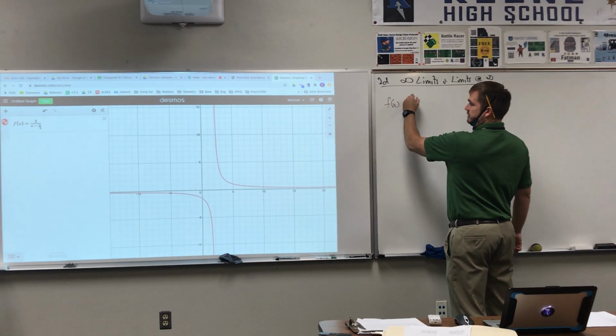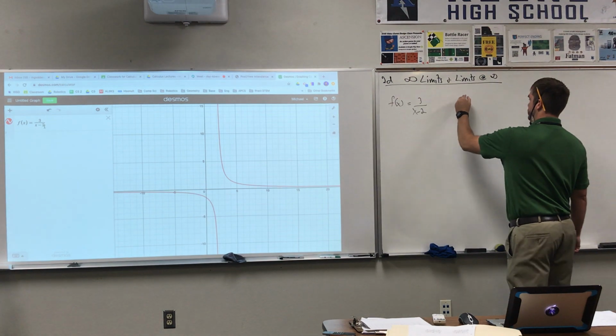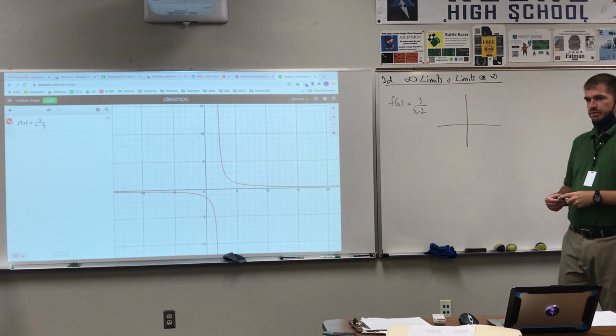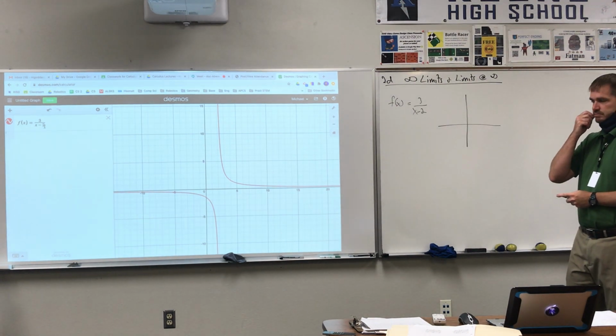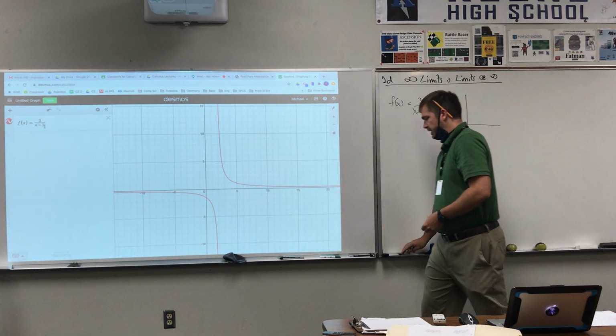So f of x equals 3 over x minus 2. What do y'all notice about that graph? Where do you think the asymptote is? Positive 2. Yeah, positive 2.